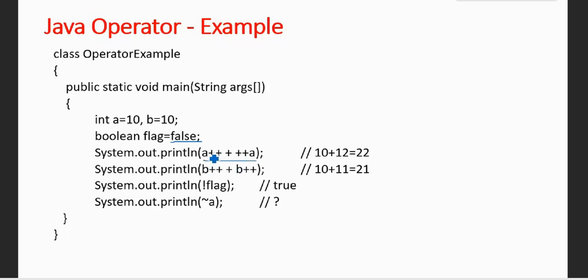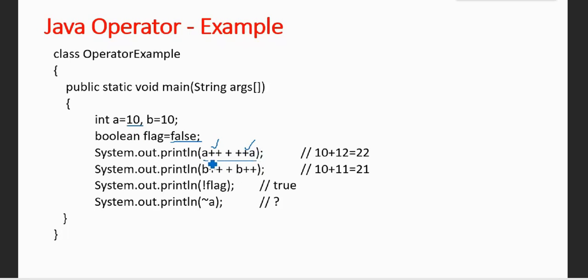Now see, a++ plus ++a. As we know, the unary operator will have the highest priority, so it first performs these two operations, then the plus operation. This is the post-increment, whereas this is the pre-increment.